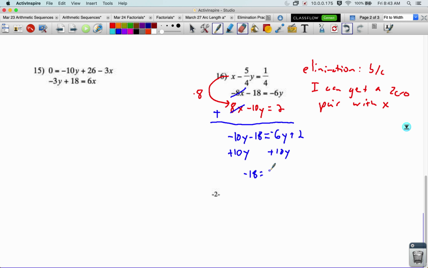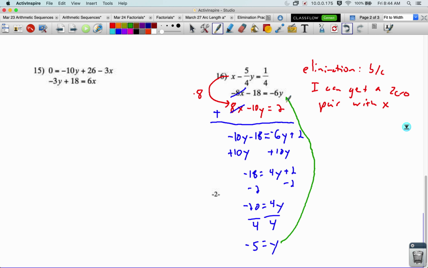Negative 18 equals 4y plus 2. I'm going to subtract 2 from both sides. Negative 20 equals 4y, divide both sides by 4. Negative 5 equals y. I'll plug that back in right there. Okay, negative 8x minus 18 equals negative 6 times negative 5.